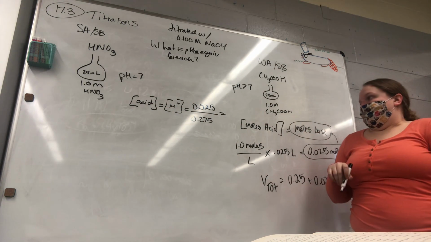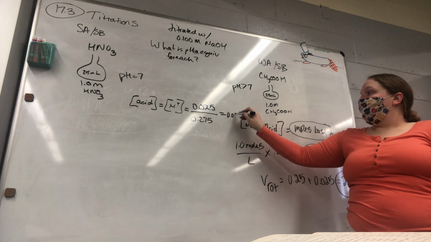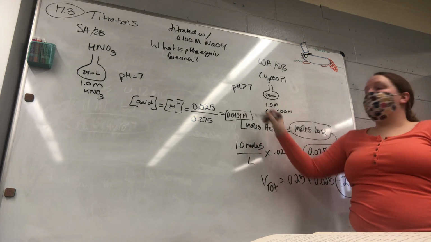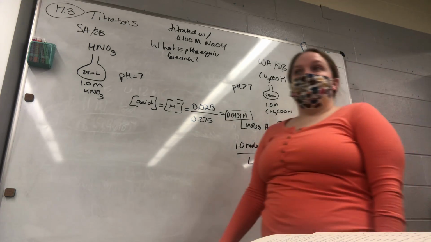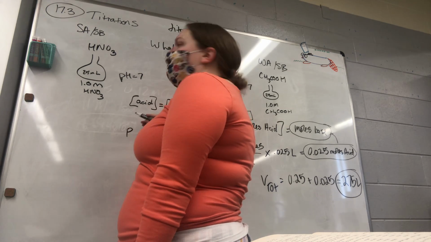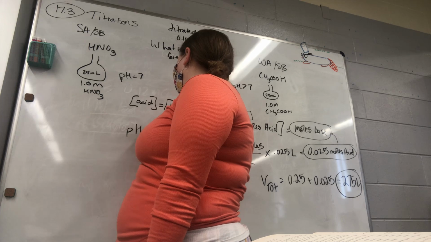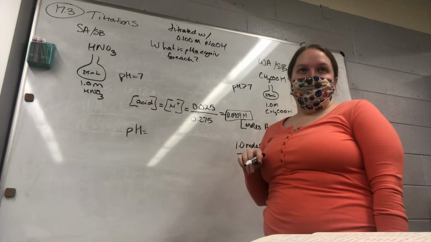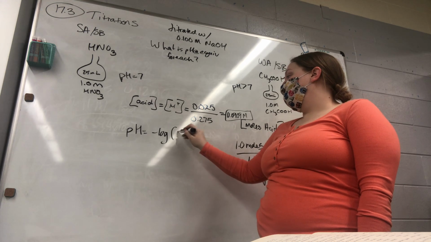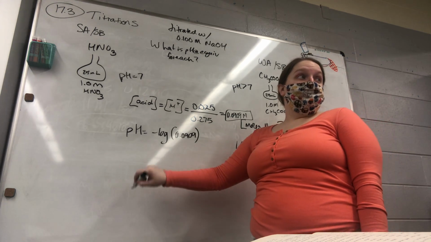What did we get? Molar. What do I do to that? Find the pH. 0.0909. How do I get a pH? Take the negative log. What'd you get?